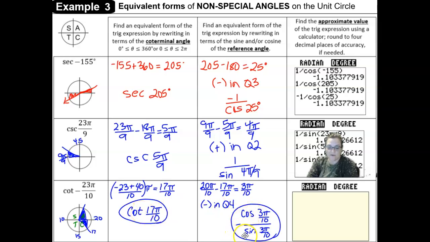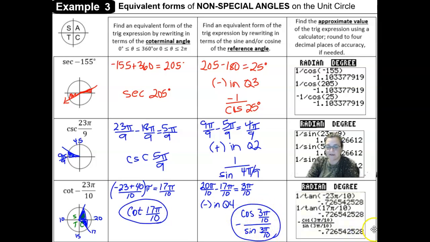Cotangent is cosine over sine, and then the reference angle is the closest x-axis, which was 20 pi over 10, minus our positive coterminal angle, 17 pi over 10, and 20 minus 17 is a 3 pi over 10 reference. So this equivalent expression is negative cosine of 3 pi over 10 divided by the sine of 3 pi over 10, using that quotient identity.